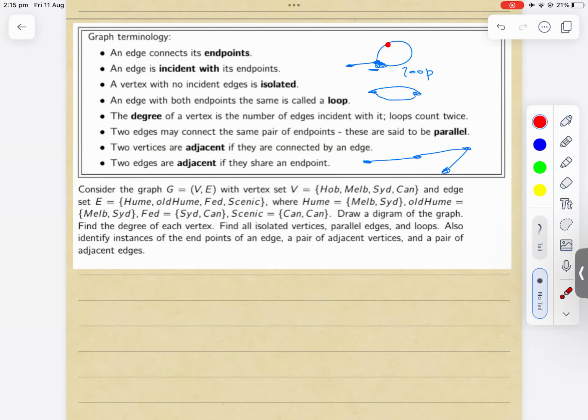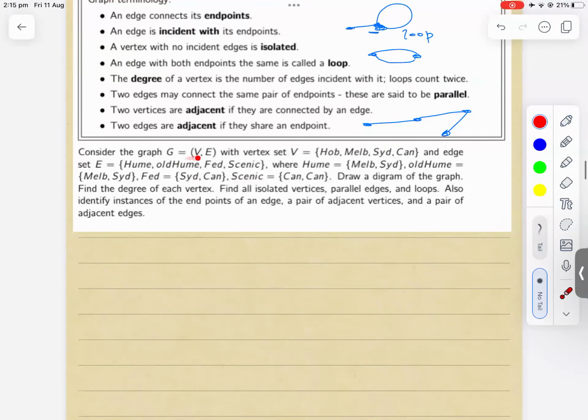So this edge and this edge are adjacent, because they are connected at one vertex. They share at least one vertex. If any of the edges share a vertex, we call them adjacent, or neighbors.